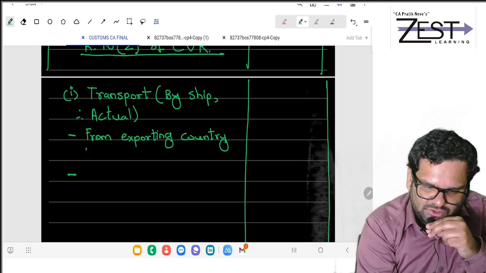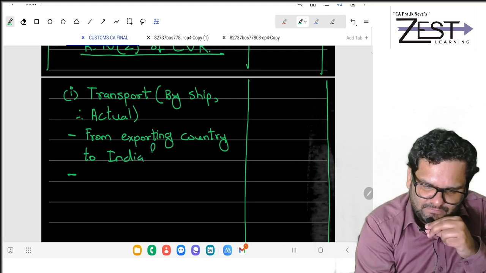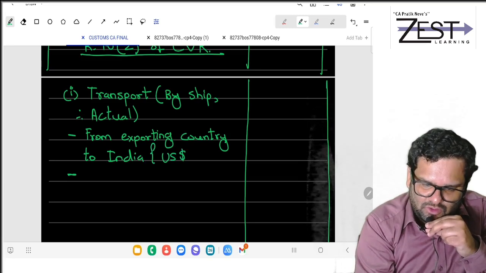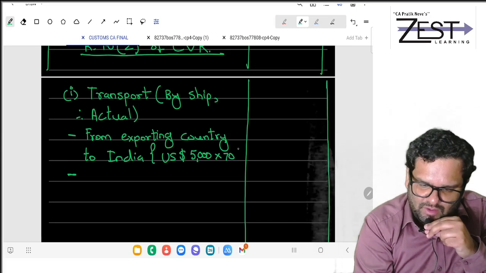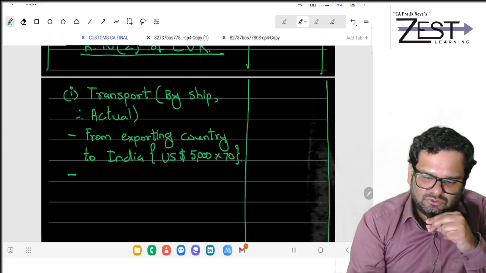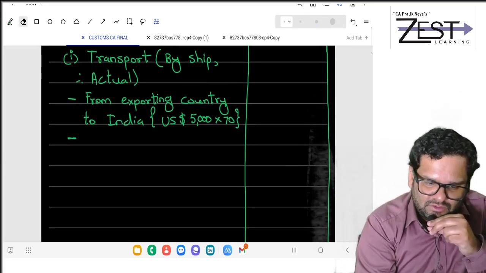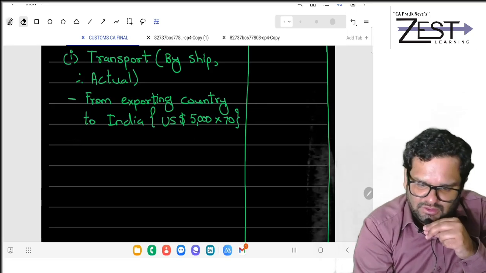You know it is how much? It is US dollar 5,000 into 70. Now I will have to put that in rupees. There is no other option. So I will put it here only.